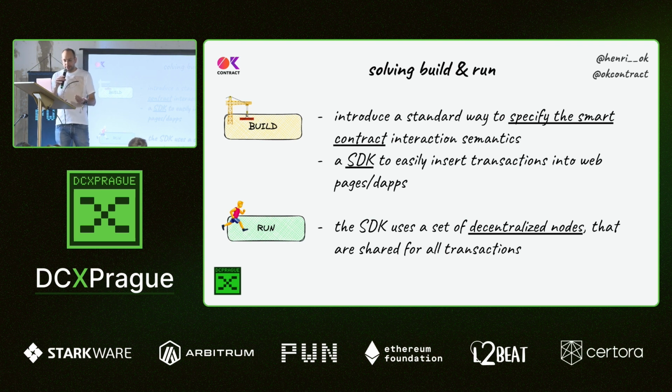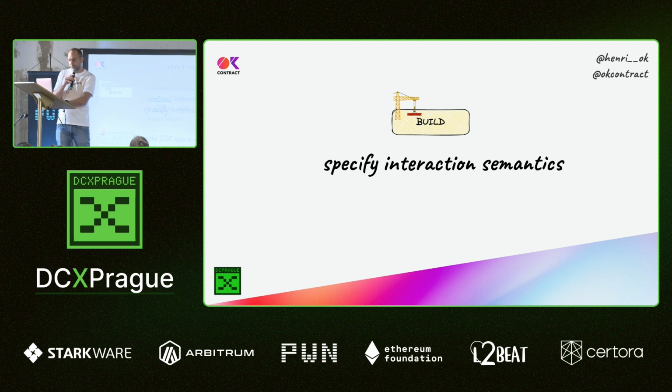And for the run, since we are making, let's say, a new clean-sheet implementation of the front-end stack, then we can think of decentralized nodes and make everything so that the SDK automatically uses a decentralized node protocol.